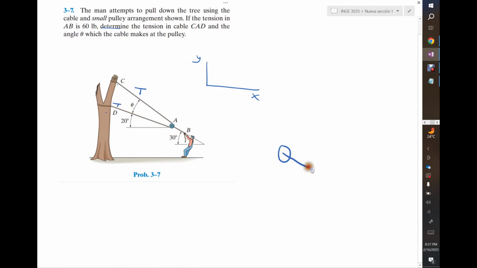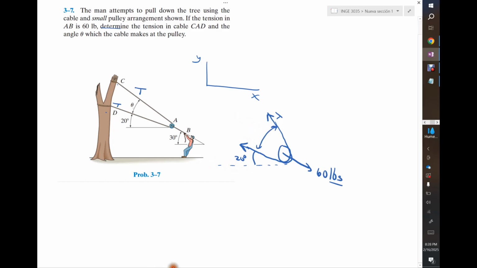So we have a force here pulling with a 60-pound force, and there's a distribution here on the pulley that is doing something like this, right? So we have a tension T going that way, and we also have a tension T going this way. Now, with respect to an angle here, this is 20 degrees, but between them it's theta.